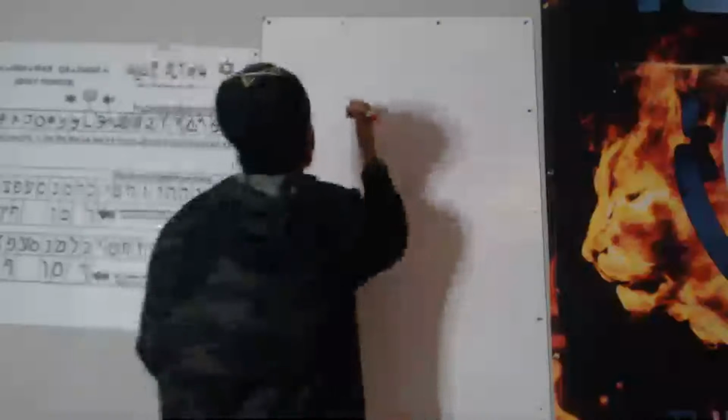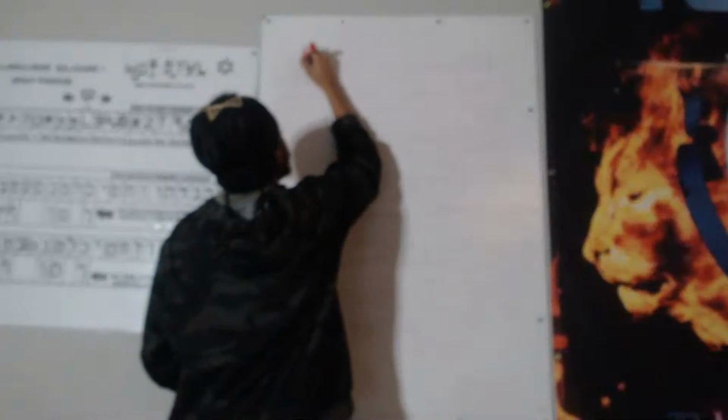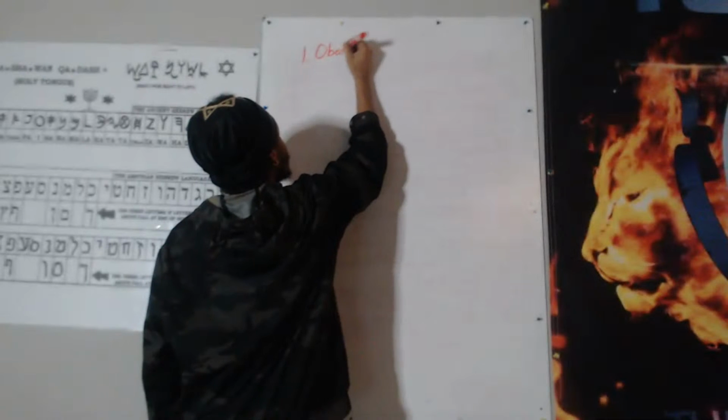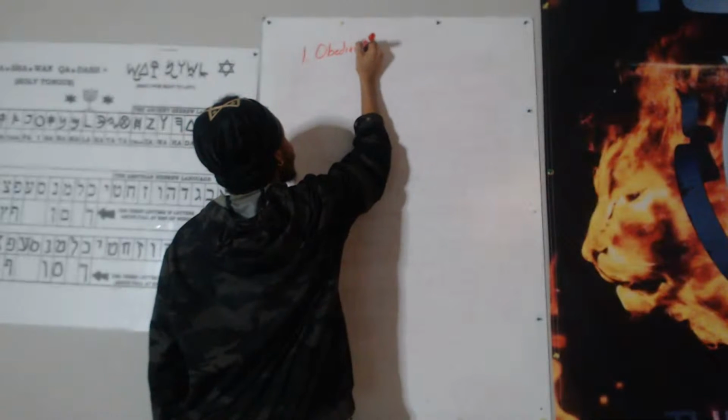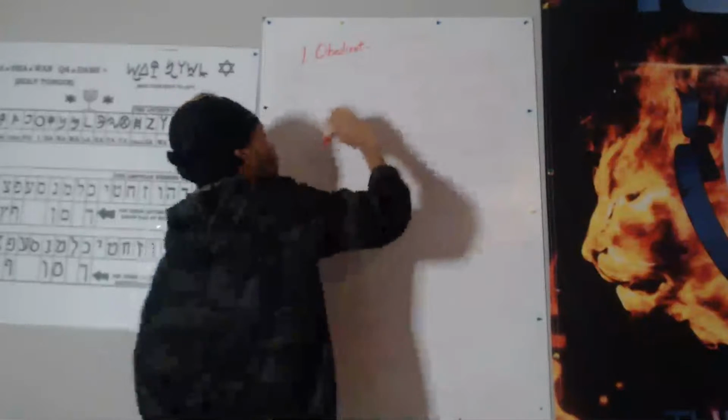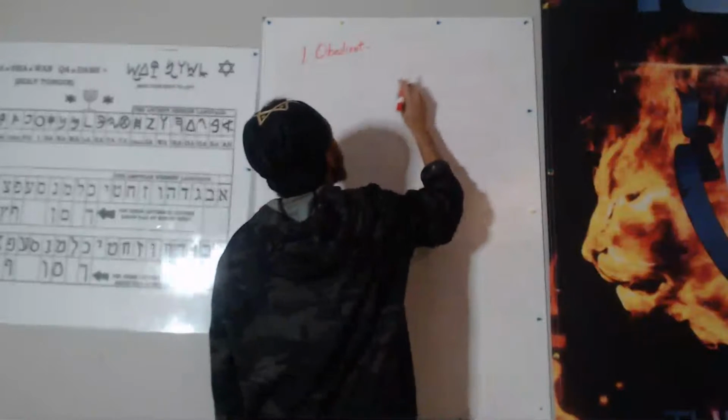Hold on. One second. You said obedient. Obedience. Okay. And what's the Hebrew word for it? Tazayathon.